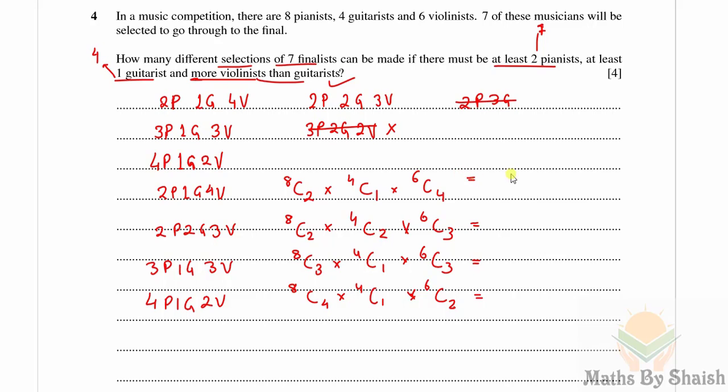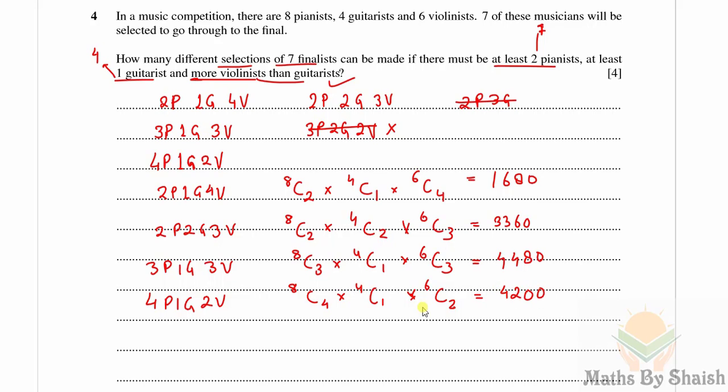The first value is 1680. The next value, 8C2 times 4C2 times 6C3, is 3360. Then 4480, and the last one is 4200.